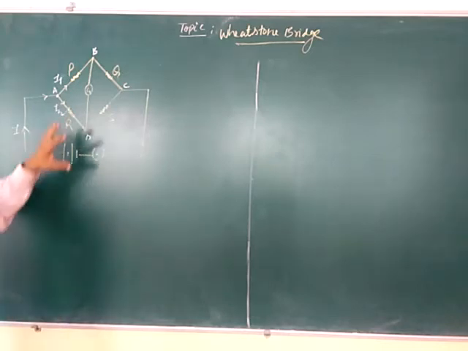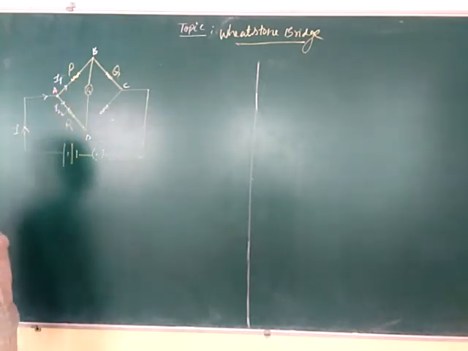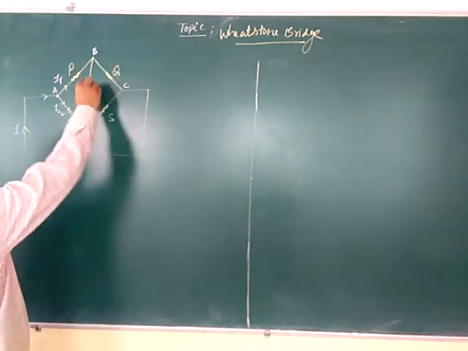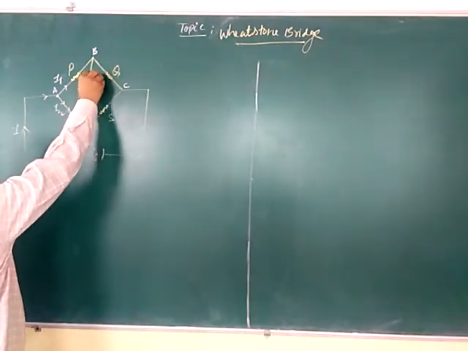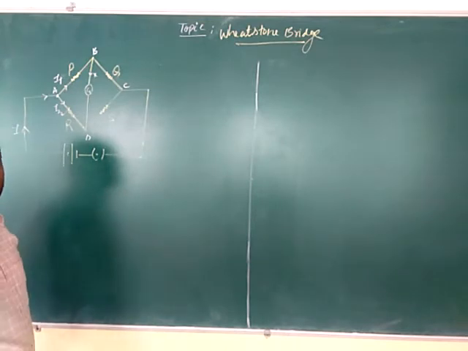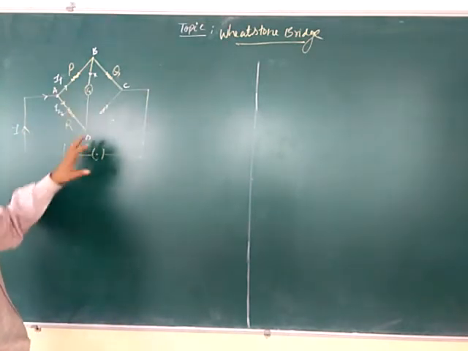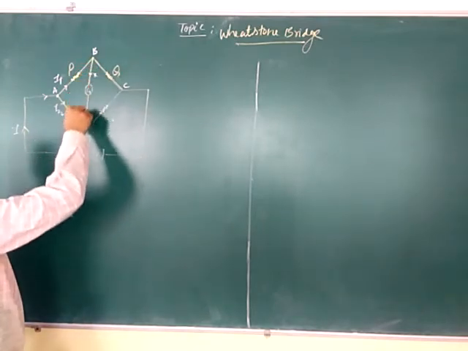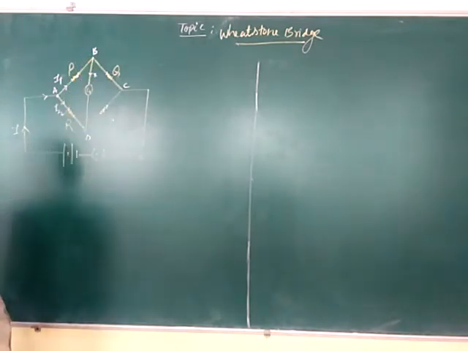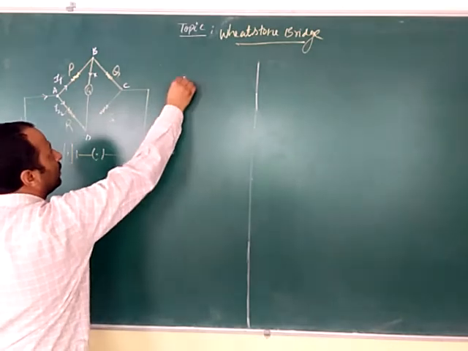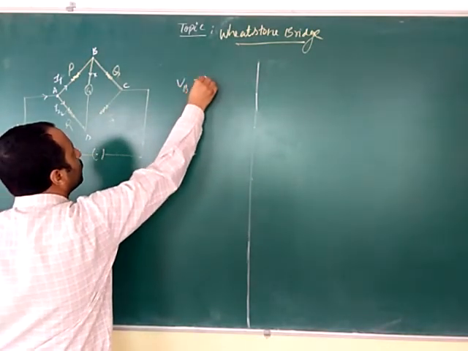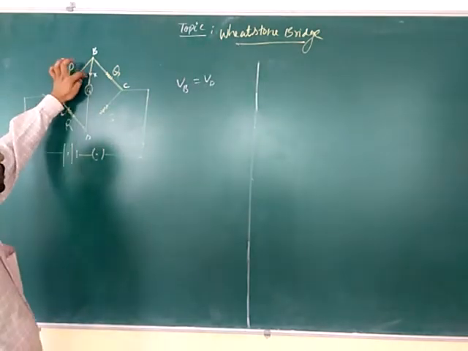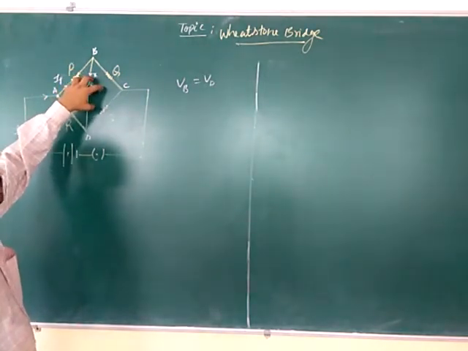So the values of the resistances are adjusted in such a way that no current enters in this branch, that is B and D. And it is said that VB is equal to VD. Why is it so? Why is the current not entering in this arm?